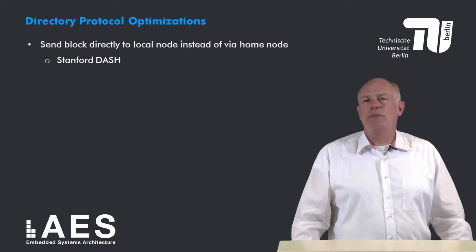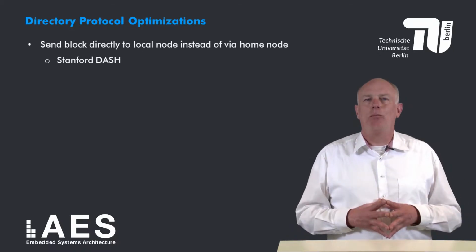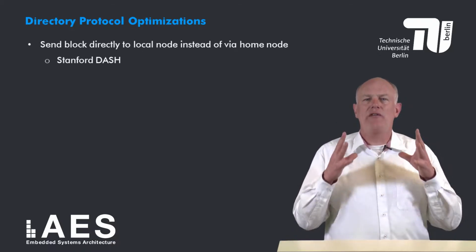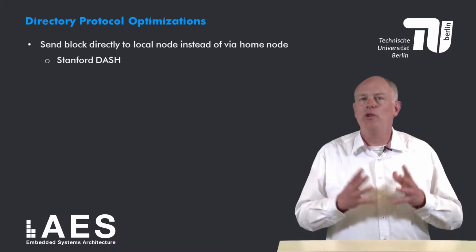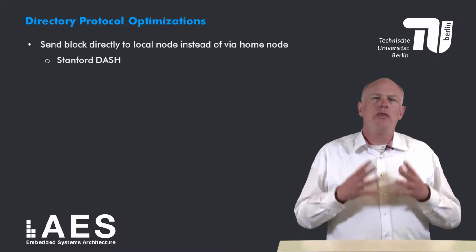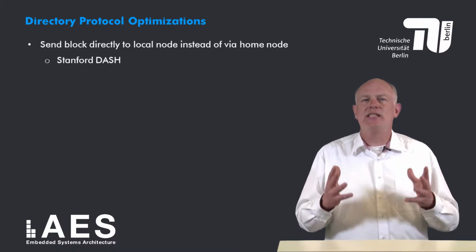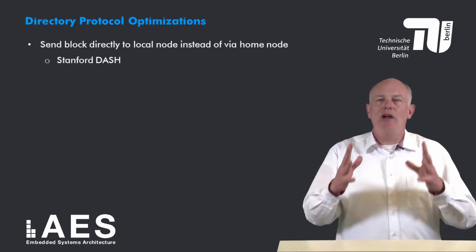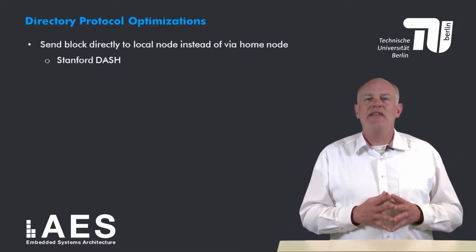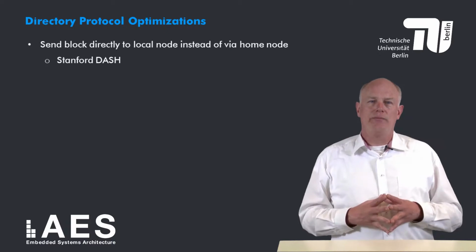There are several optimizations that can and have been applied to this basic presence flag vector or full directory protocol. The first optimization is to send the missing block directly to the local node instead of via the home node.